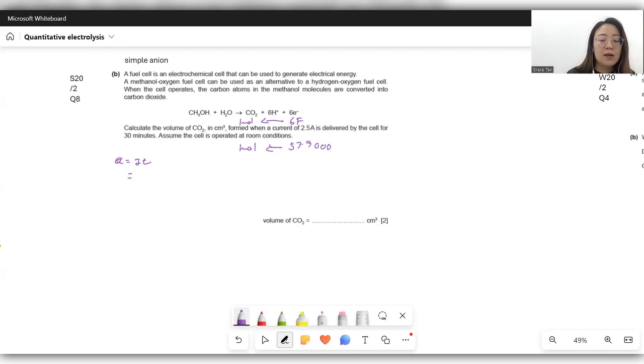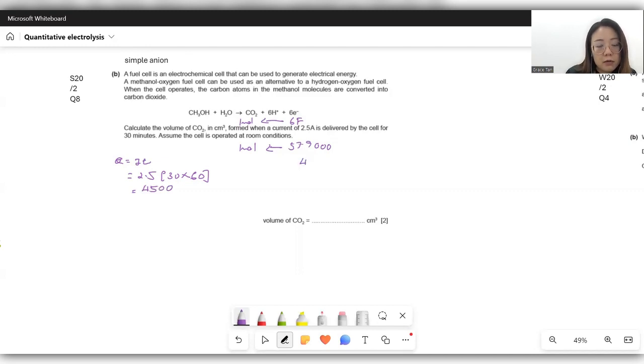But in your actual experiment, you only pass 2.5 times 30 minutes converted to seconds. You only pass through, sorry, 4,500 quantity of charge.